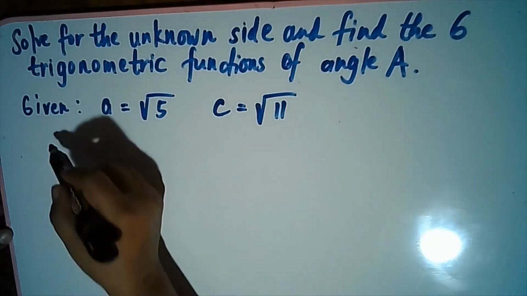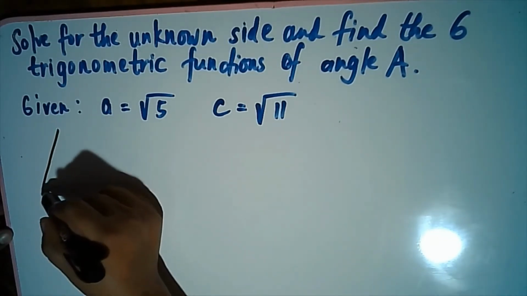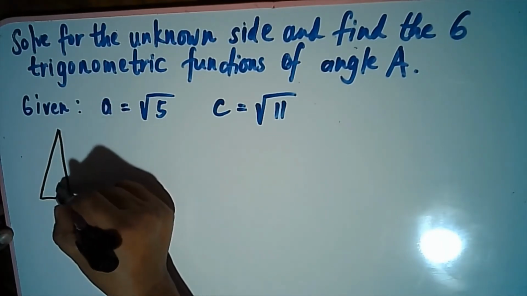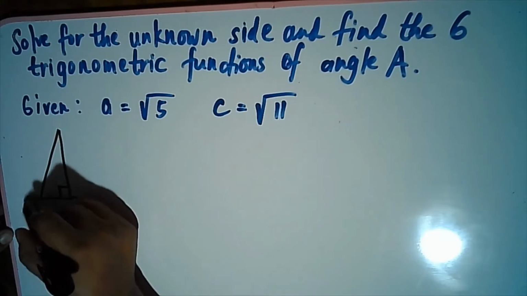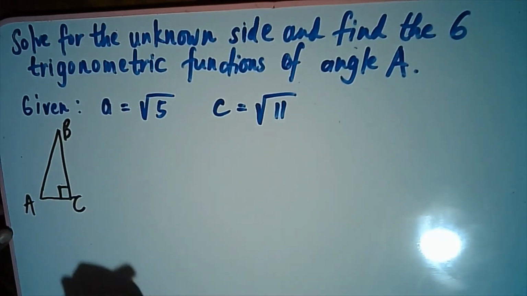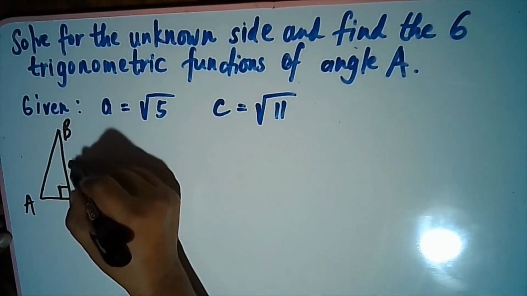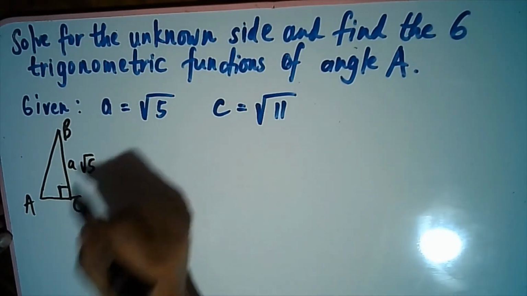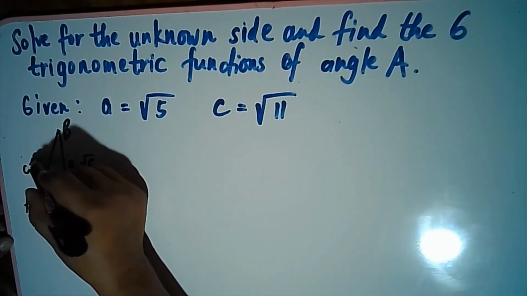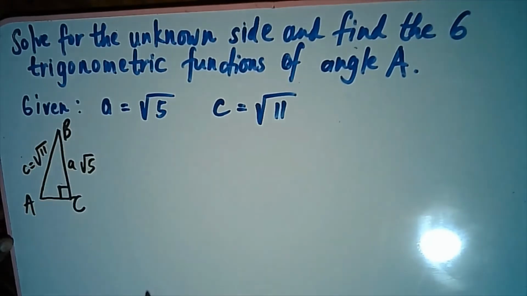So let's draw. Let's say that this one is the square root of 5, and C here is the square root of 11.